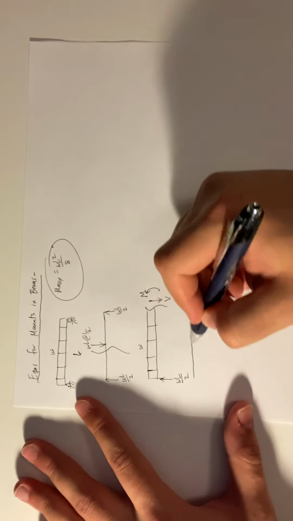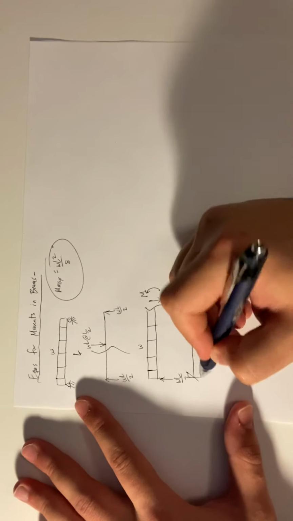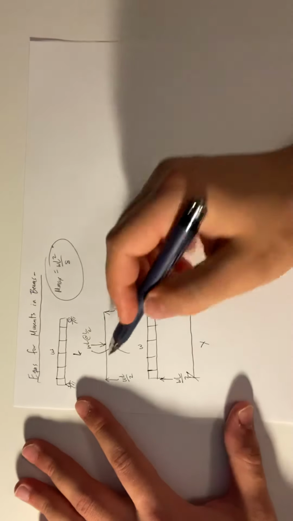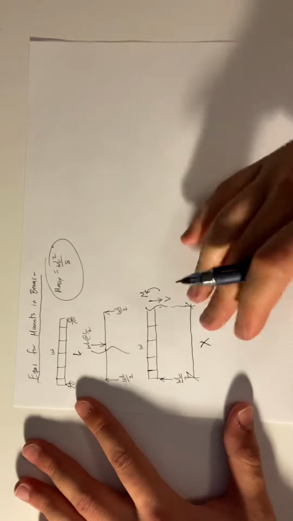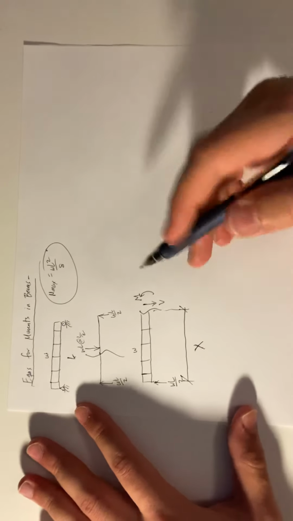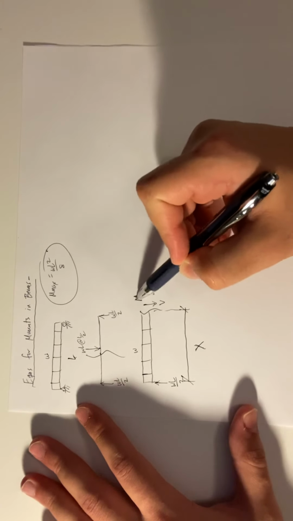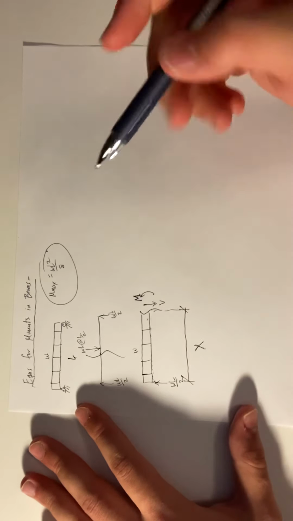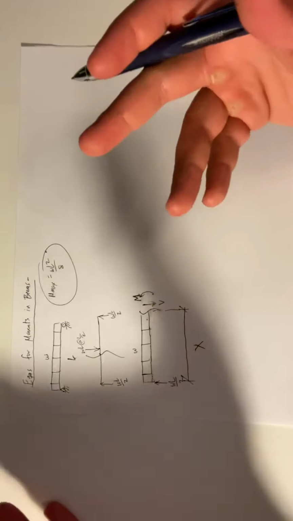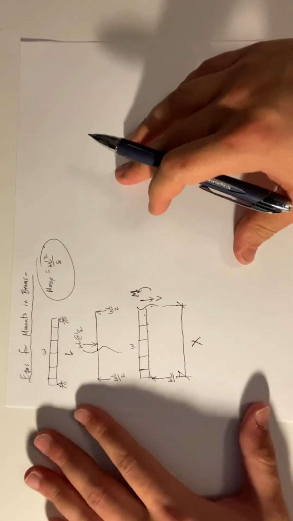Omega, this is at a length X, because you don't know where you cut it. The reason it's at a point X is because you want to make an equation that's going to work for a moment for any point along here. So you don't want to hard code, in other words, if that makes sense.